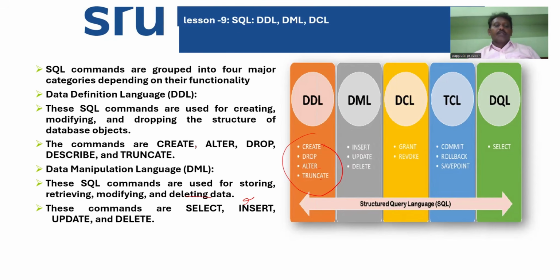Now, data manipulation commands are used for storing, retrieving, modifying, and deleting. These commands are select, insert, update, and delete. Select is actually a data query language command, but here we always use it as DML.